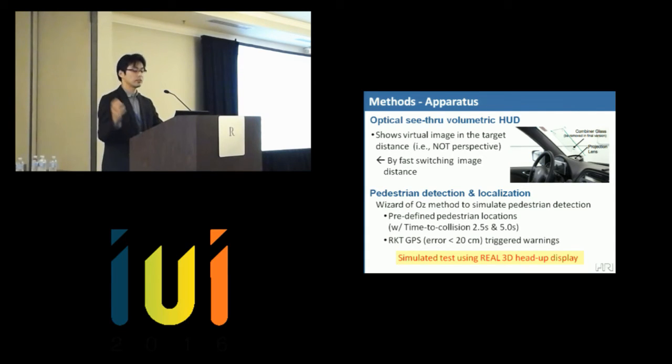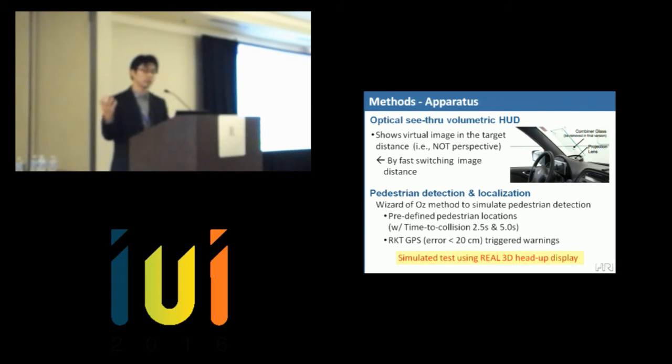This means it's not using perspective, but an actual virtual image placed at the actual target distance. That's a very specific characteristic of this display. It is achieved by fast switching of image distance, so for a driver, it looks like a real volumetric image.